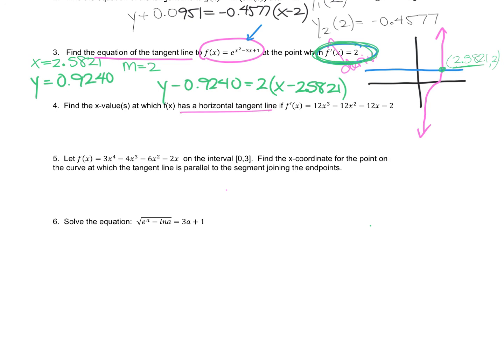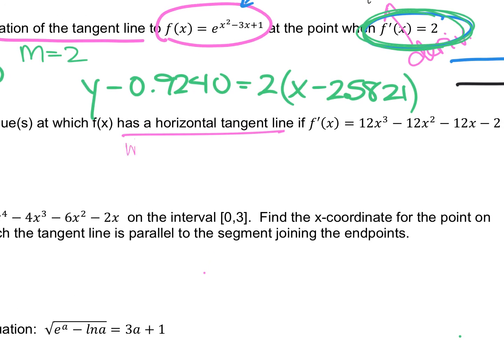That happens where f prime of x is equal to 0. What have you been given here? The derivative. Do I need to do y1 is this and find the derivative in my calculator? No. This is the derivative. We want to know where that equation is equal to 0. So in y1 you only have to type in the derivative. Exactly. And then the equals 0.